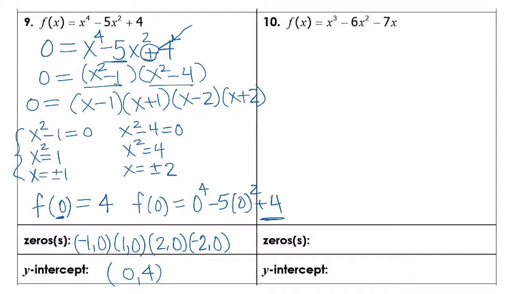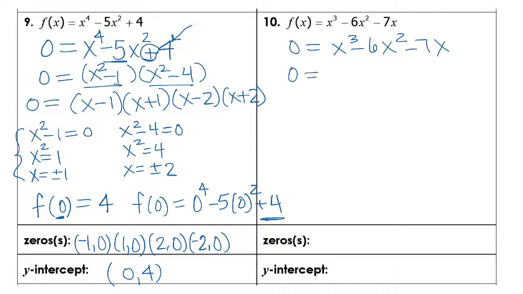Okay, so let's look at number 10. Starting out, we're putting a 0. So 0 equals x cubed minus 6x squared minus 7x. What's our first step with factoring?